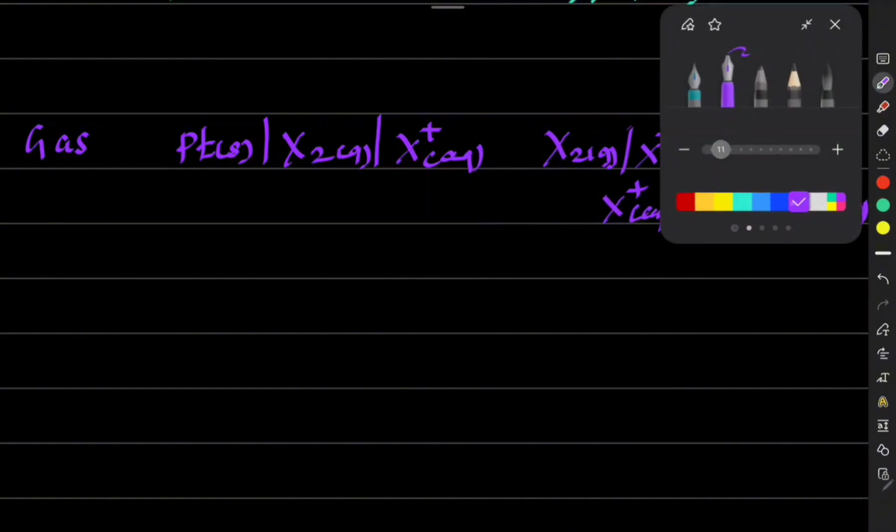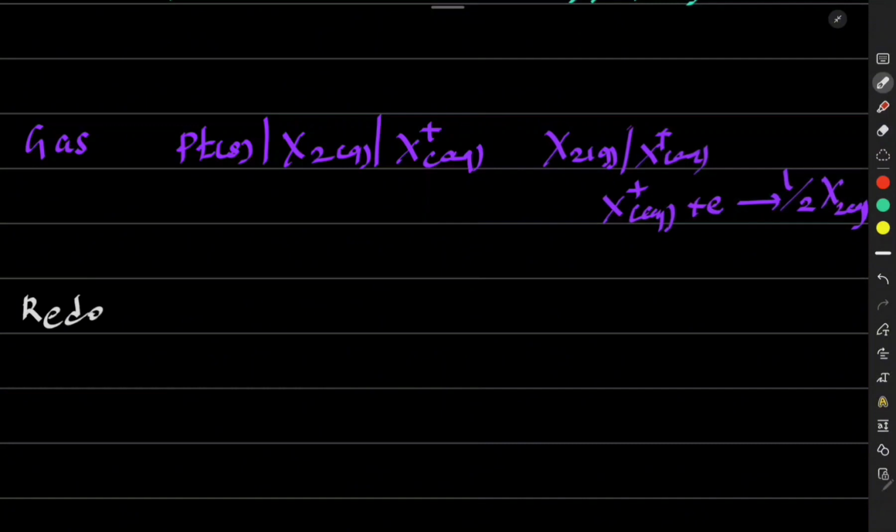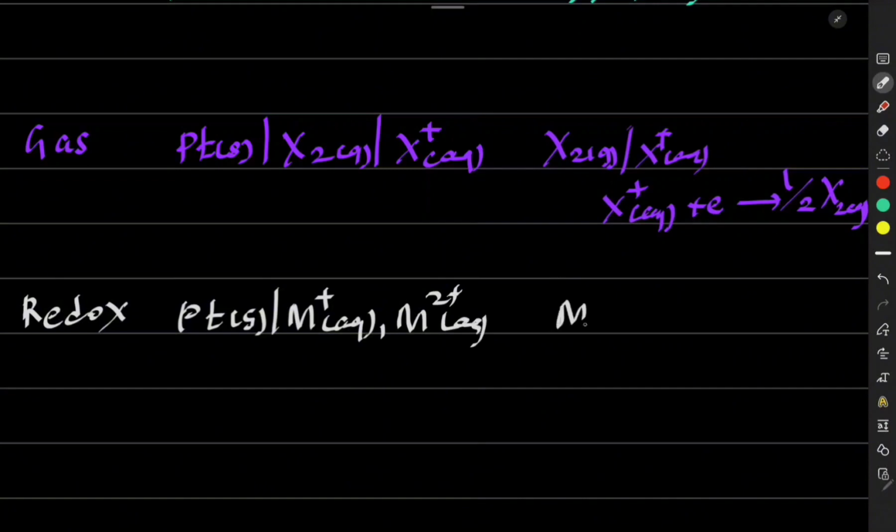The last electrode is the redox electrode. Redox electrode's notation is Pt solid, interface, M plus ion aqueous and M2 plus ion aqueous. The redox couple is M plus aqueous and M2 plus aqueous.